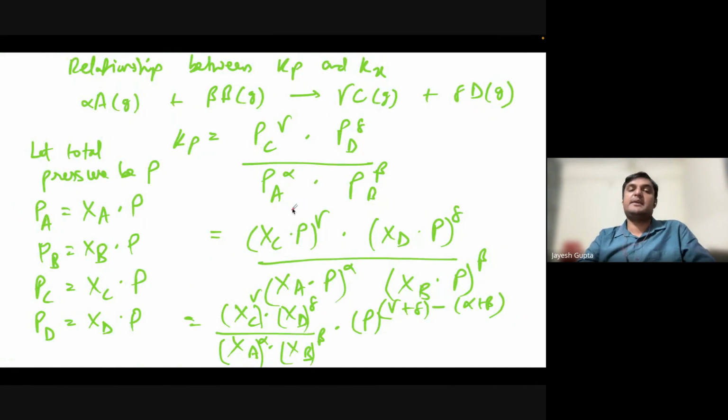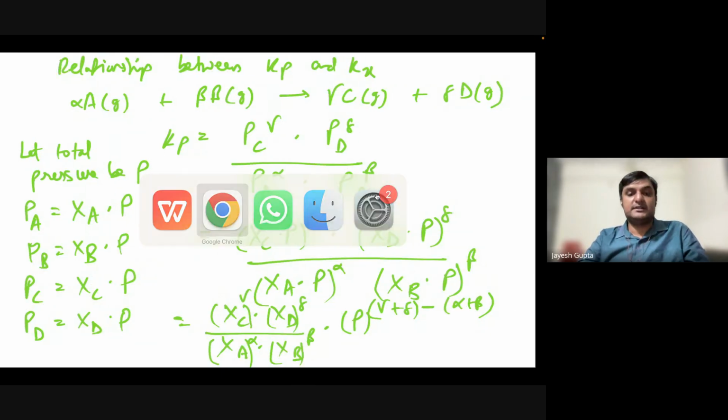Now next we are going to define the relationship between Kp and Kx. Like we have seen Kp and Kc, so now Kp and Kx. Now the equation we can write: alpha A plus beta B gives you gamma C plus delta D. So Kp can be written like this: Pc to the power gamma into Pd to the power delta divided by Pa to the power alpha into Pb to the power beta.